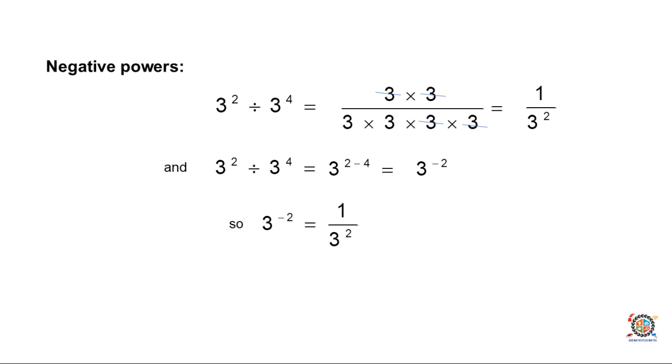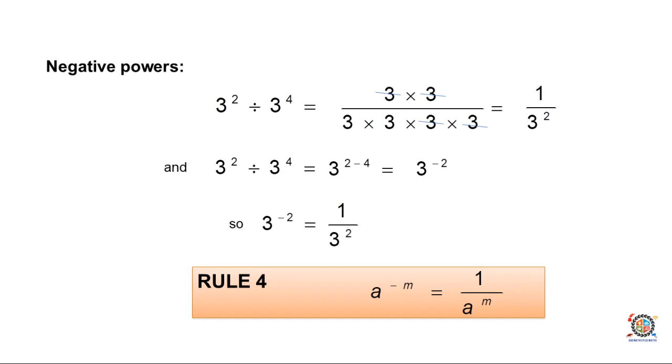Thus, this gives us the fourth law of indices: a to the power of negative m is equivalent to 1 over a to the power of m. What does this mean? If I have a negative index, I bring it down and it becomes a positive index.